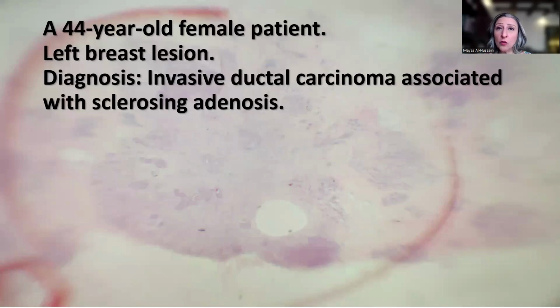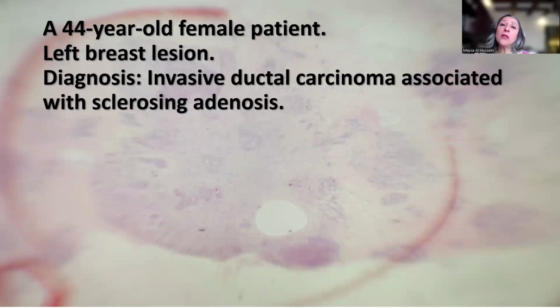So the final diagnosis in this very interesting case is invasive ductal carcinoma, grade 2, associated with sclerosing adenosis. Remember that P63 is very useful to differentiate between benign conditions versus ductal carcinoma in situ, in which we see usually the myoepithelial cells being positive while the epithelial cells are negative, and the vast majority of invasive ductal carcinomas are negative for P63.